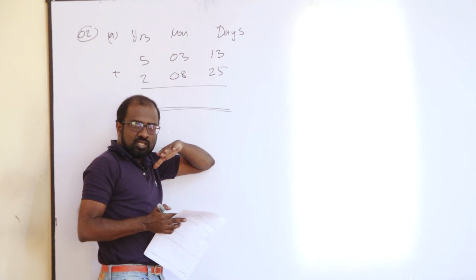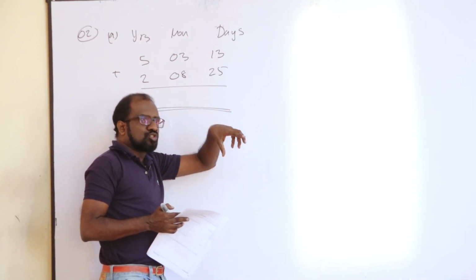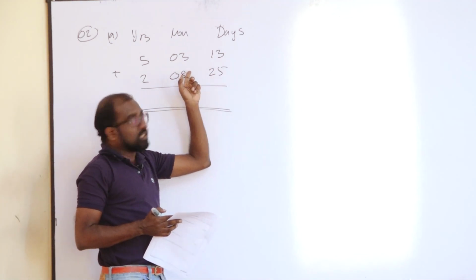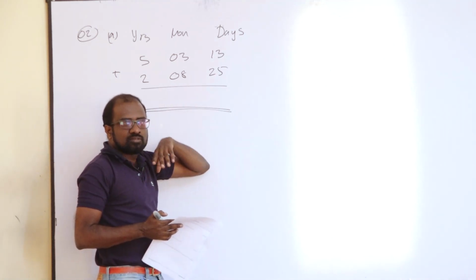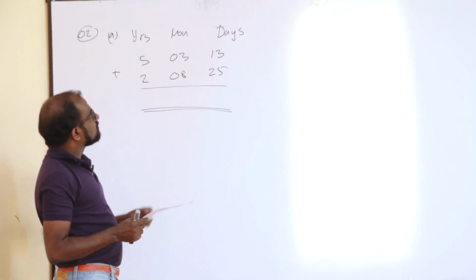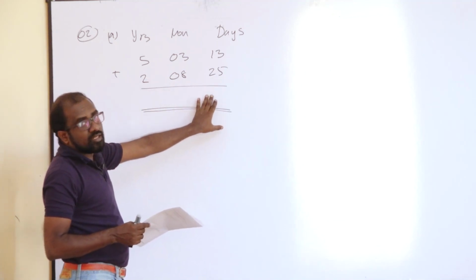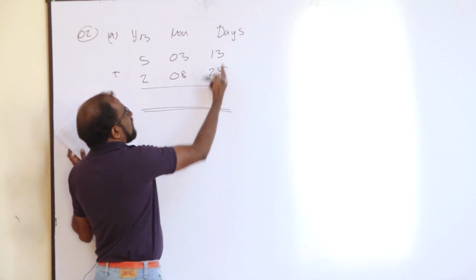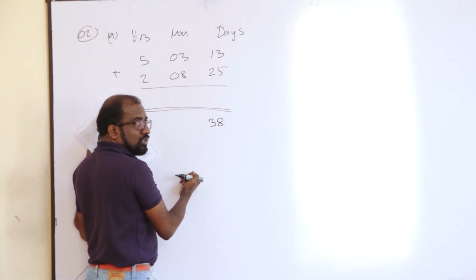Seconds to minutes 60, minutes to hours also 60, hours to days 24, days to months 30, months to years 12 නේද? ටිකක් numbers වෙනස්. ඒකයි කල්පනාවෙන් කරන්න ඕනේ. Don't put the answer here directly. මෙතන උත්තරේ දාන්න එපා. But 5 and 3, 8, 2 and 1, 3, 38. මෙතන දාගත්තා නම් වැරදිනේ පුතේ.